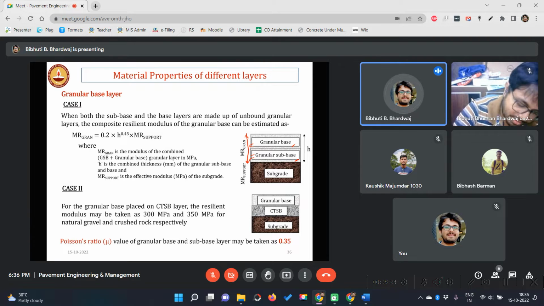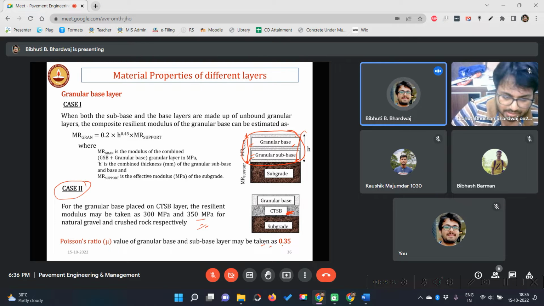If you have granular base here also, then this H will be considering both base and subbase. So in our example, we will be considering it like that only. But if you provide CTSB instead of granular subbase, then you have to go to the code and find out what are the different suggestions.